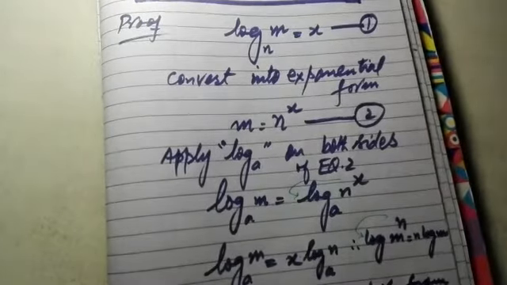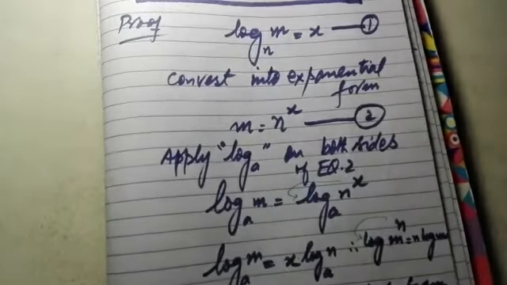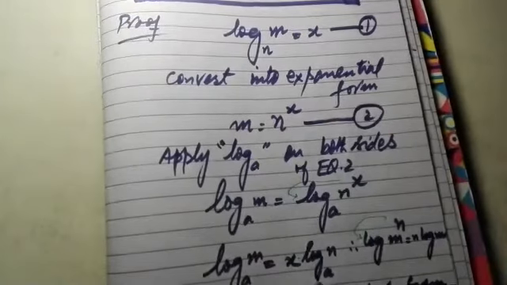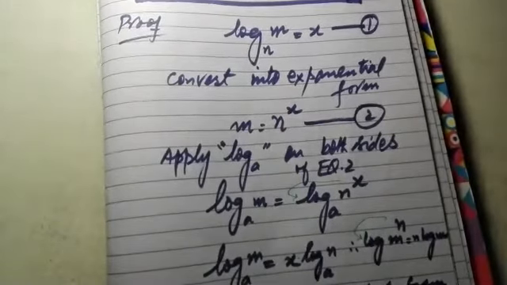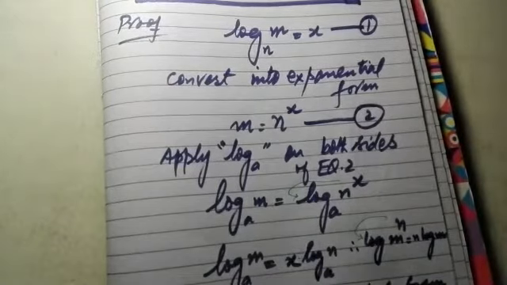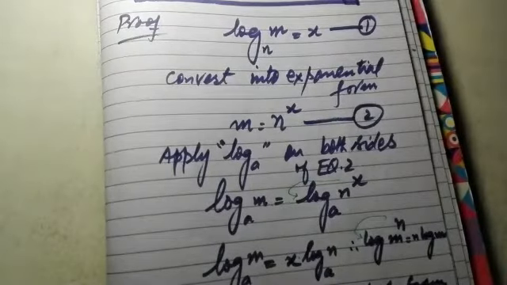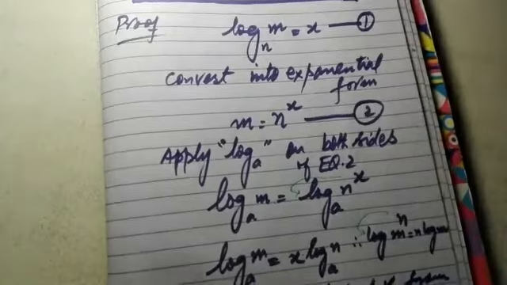So log m base a, in place of x, I would write log m base n times log n base a. What I would like to do is simply divide by log n on this side.